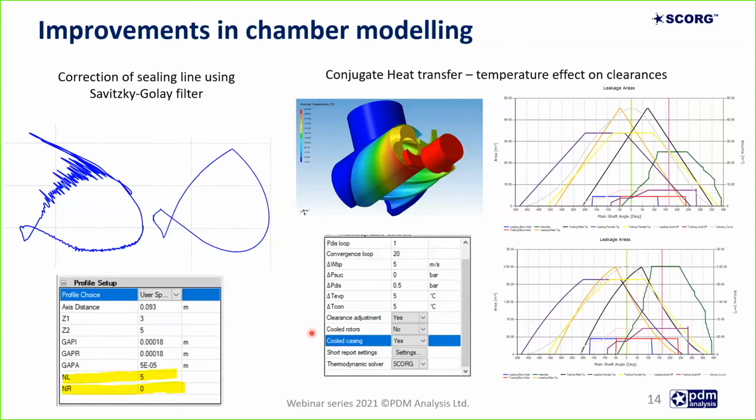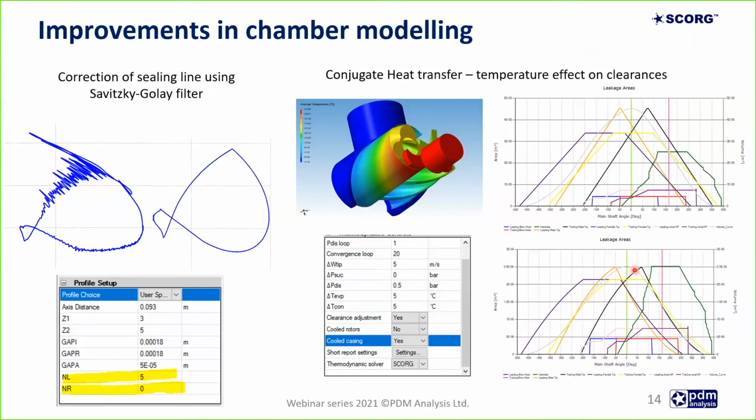You can see that a different distribution of leakage areas happens in the case of non-cooled oil-free rotors. This example shows non-cooled rotors and a cooled casing, the case where you would have jacket cooling on the casing and the rotors would be just normal rotors. You can see the difference in the clearances.